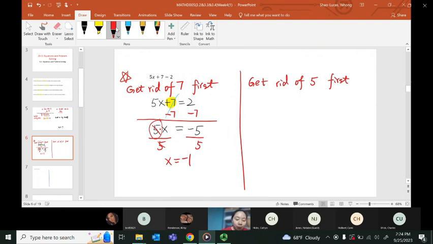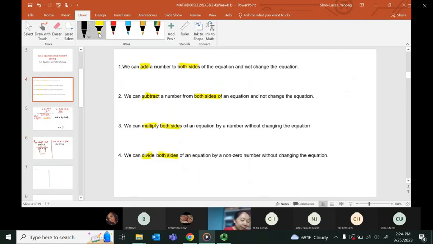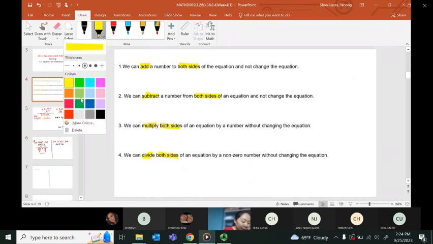But let's say, what if I want you to get rid of 5 first? What is the correct way to do it? If we want to get rid of 5 first, because between 5 and x that is multiplication, we're supposed to do division. But the problem is when we divide, I highlighted both sides in each operation.